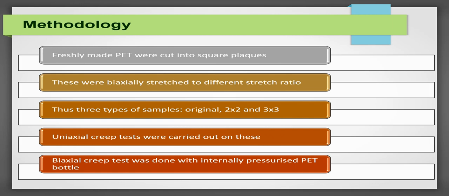The uniaxial creep tests were of three types for three different constant stresses: the 32.8 megapascal constant stress, the 39 megapascal constant stress, and the 45 megapascal constant stress on each of the different samples. Then after this, a biaxial creep test was done on a PET bottle. Biaxial in the sense that the test was done for both the hoop direction and the axial direction. So this will be explained later as we go on.